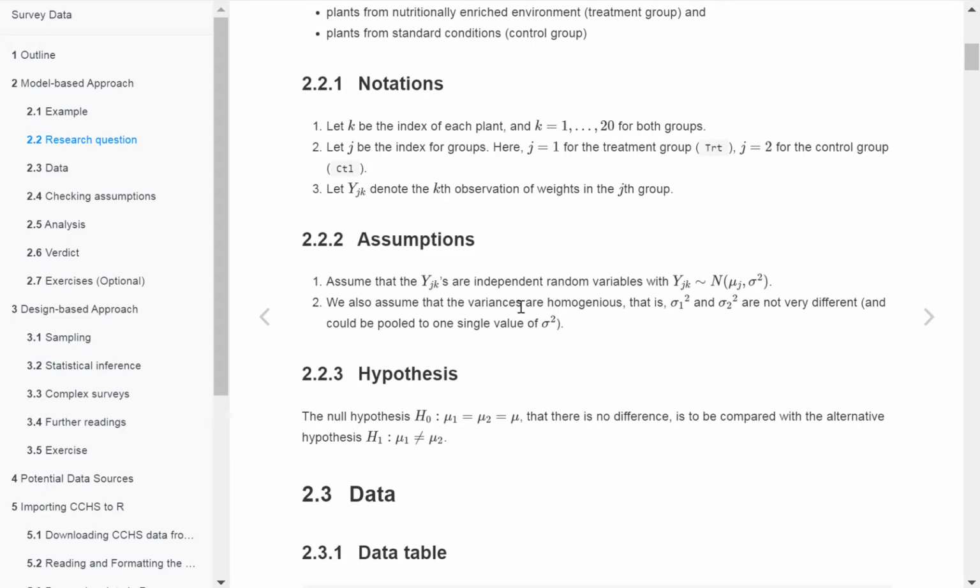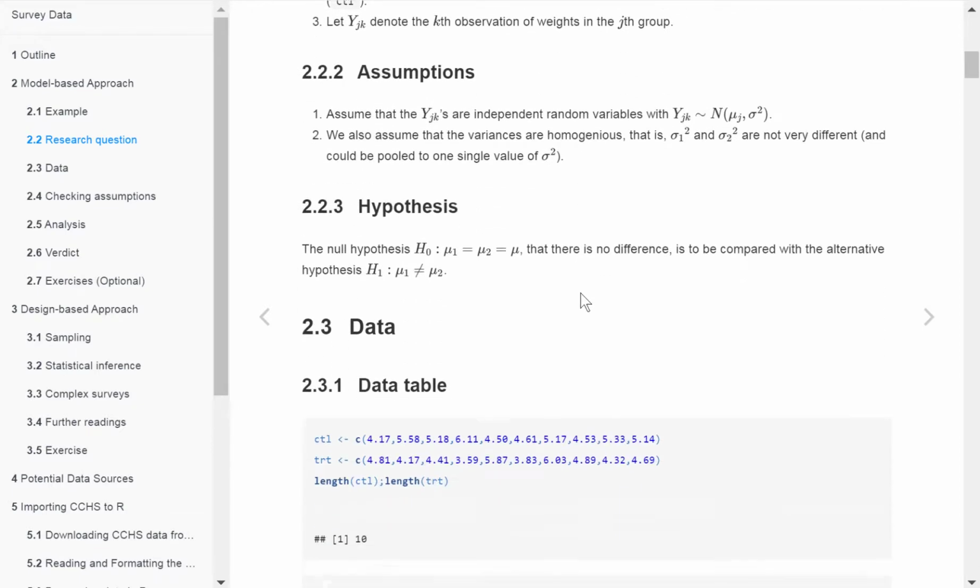And we are also operating under the condition that the standard deviations or the variances of both the treatment group and the control group are not very different. In other words, it is similar, to the extent that we can simply pool the standard errors and claim that that is the standard error for each of these groups.